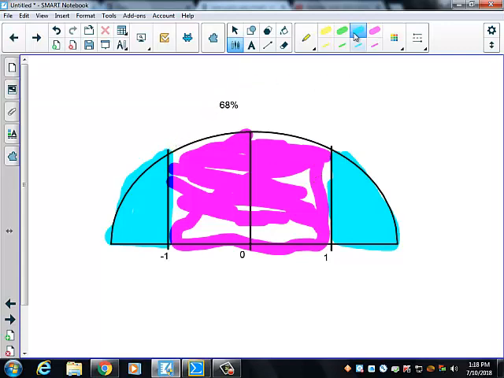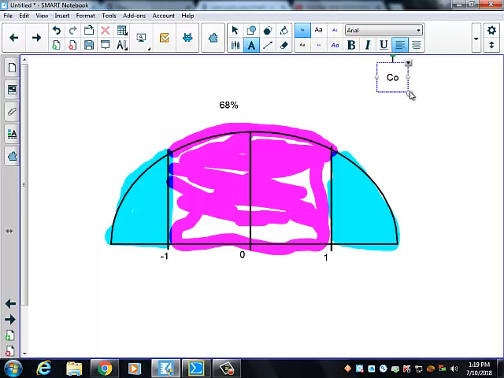If 68% is in the middle, then 32% must be on the outside edges. All right? So collectively, the outside must be 100 minus 68, which is equal to 32%. All right? So the total little blue area here is going to be 32%.